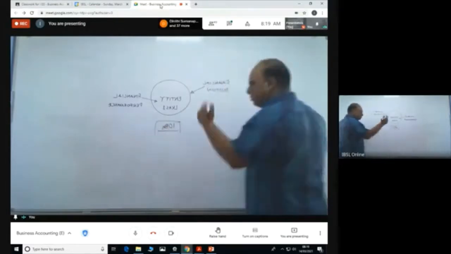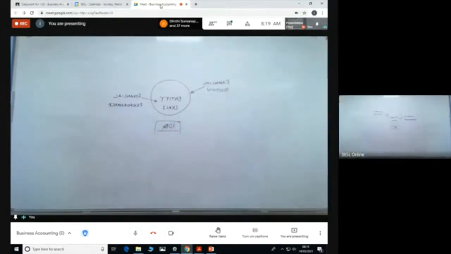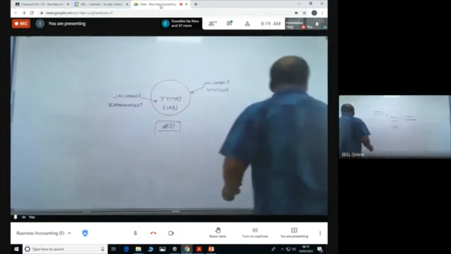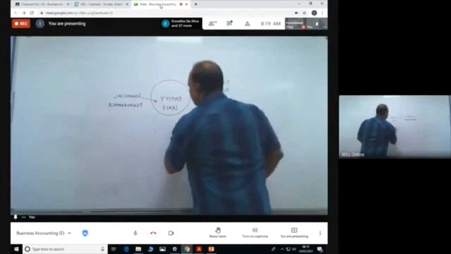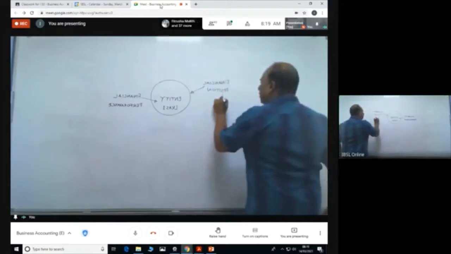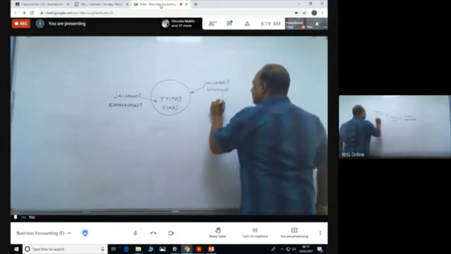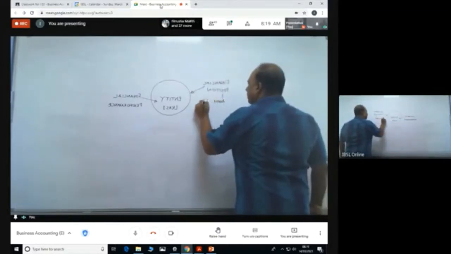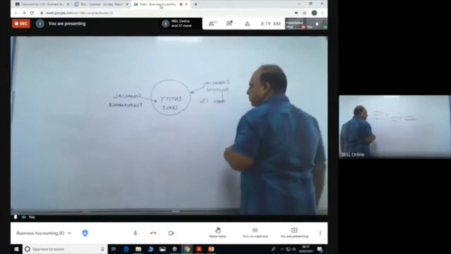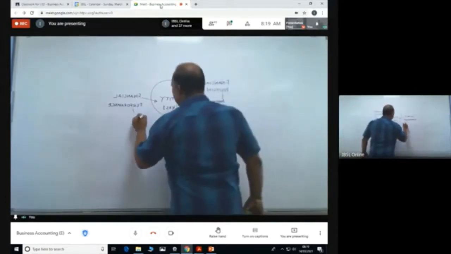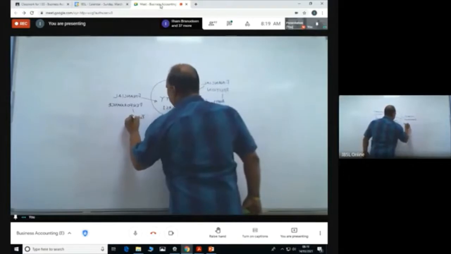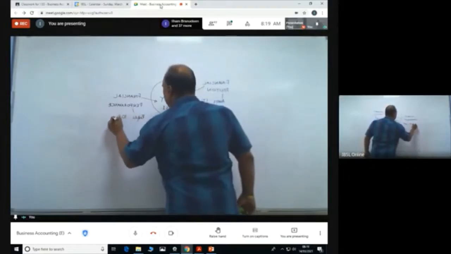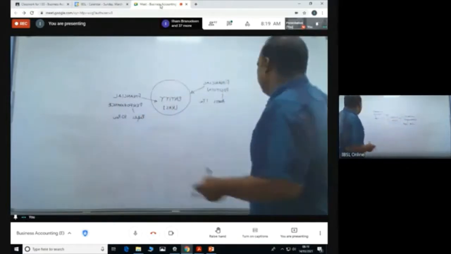Not only banks, there could be other companies also. So profit is in terms of financial performance. We are talking about assets: 1 trillion means that is in terms of financial position. Profits of 10 billion mean in terms of financial performance.